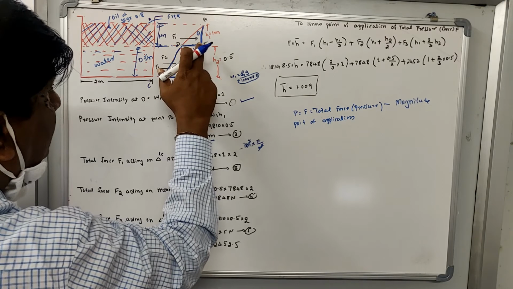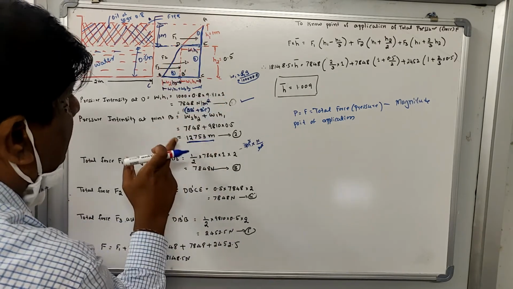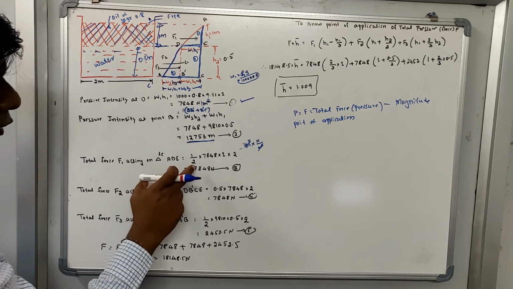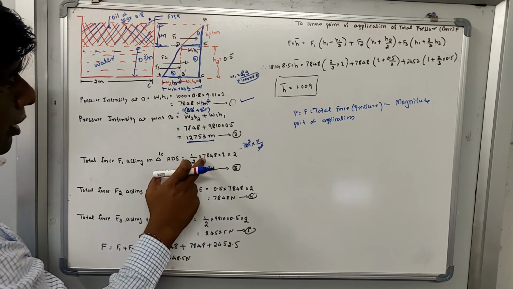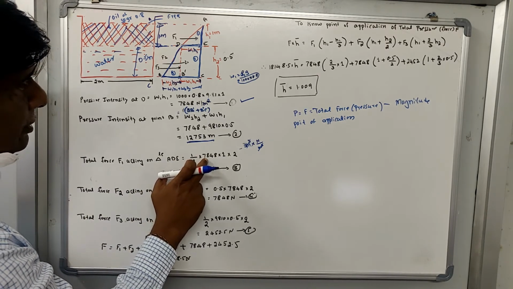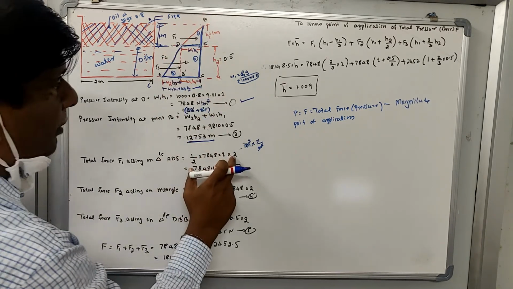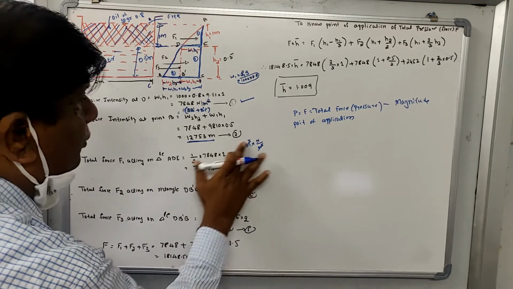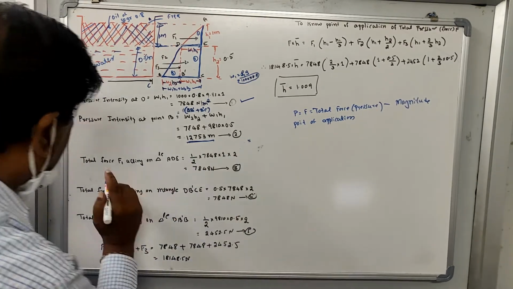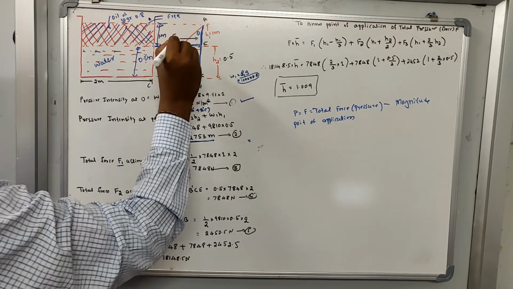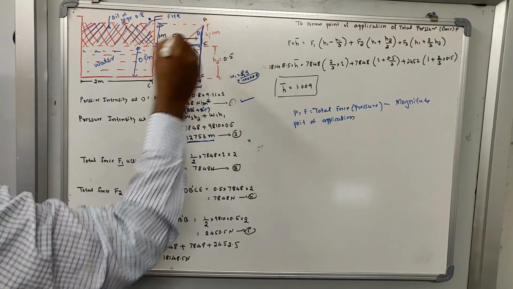This is the pressure intensity, which we have already calculated, that is 7848. So the total force is half DE, where DE is 7848, and height EA is 1, multiplied by the width of the tank, 2. So this gives you the magnitude of the force F1 acting on triangle ADE.